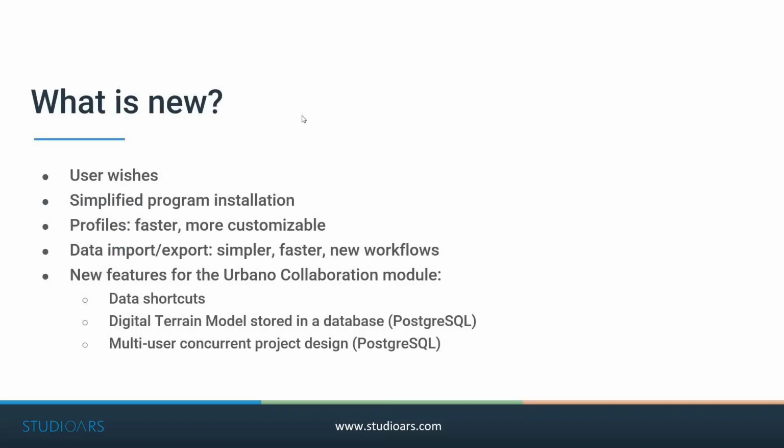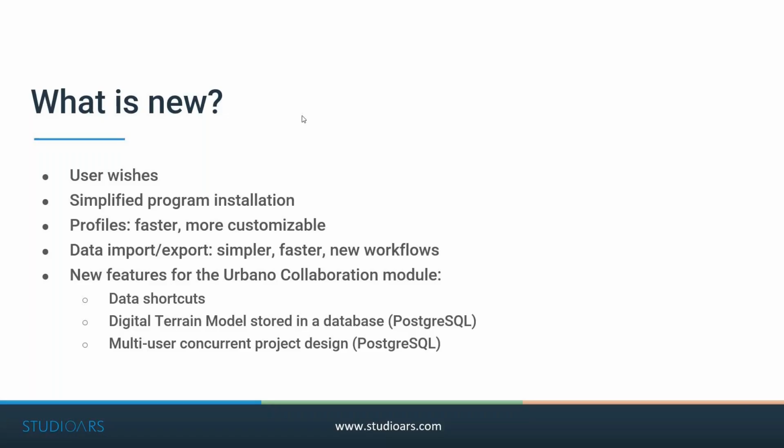Okay, so what's new? A very simple question, and not such a simple answer. Urbano 12 is a version that has many user wishes included in the final version. So there's many small things, but also big things that went into this version.